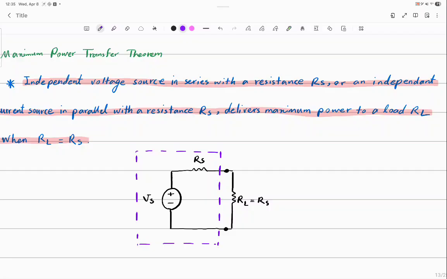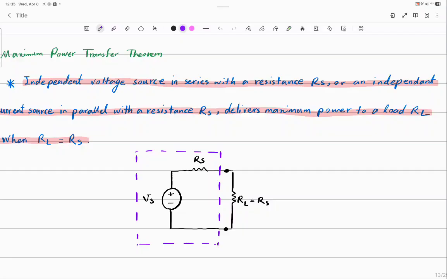Just an idea. Yes? You did superposition to get contribution. Would the same formula still work if you just added up all the powers from each one? No. Do you know why? Because it's squared.